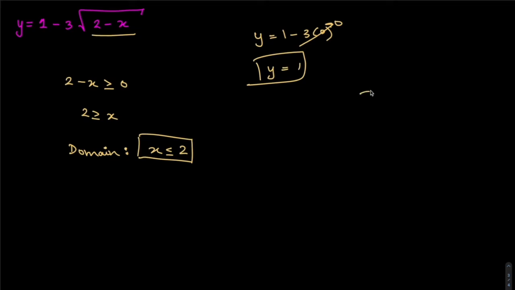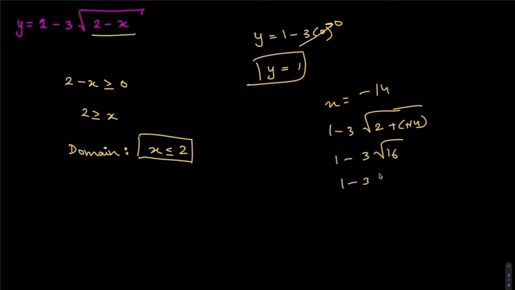Let's take negative 6. Let's take negative 14. When x is negative 14, we have 1 minus 3 times square root of 2 minus negative 14. So the negatives cancel out, giving us a positive. So we have 16. 1 minus 3 times square root of 16, 1 minus 3 times 4, just 12. 1 minus 12, which is negative 11. So we have negative 11.